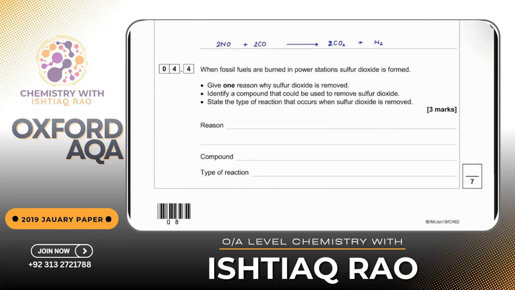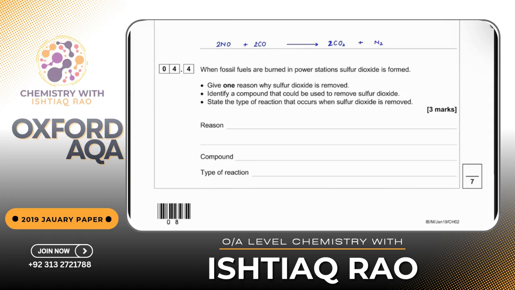When fossil fuels are burned in power stations, sulfur dioxide is formed. Give one reason why sulfur dioxide is removed. Identify a compound that could be used to remove sulfur dioxide. State the type of reaction that occurs when sulfur dioxide is removed. First of all, we have to know, is this acidic or basic? This is acidic. Why?